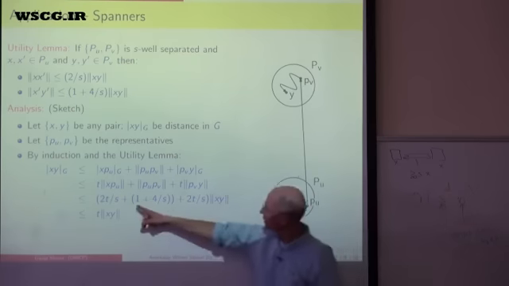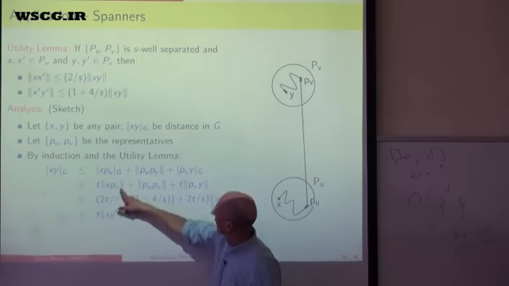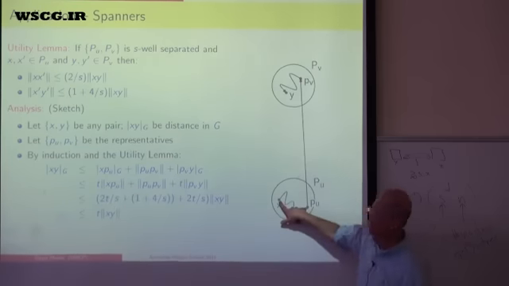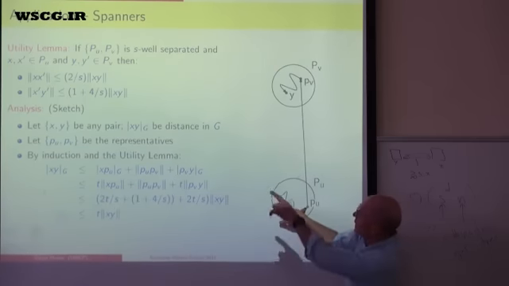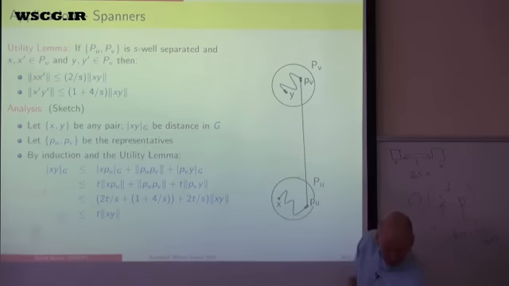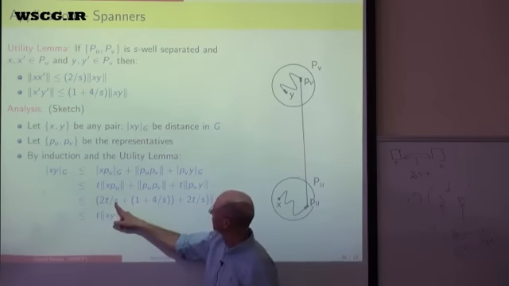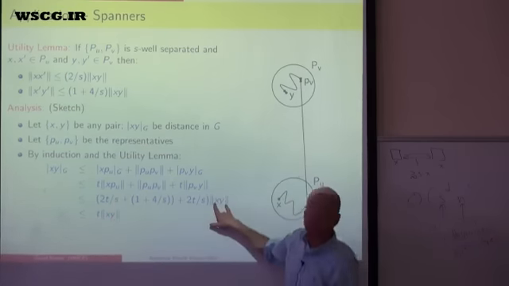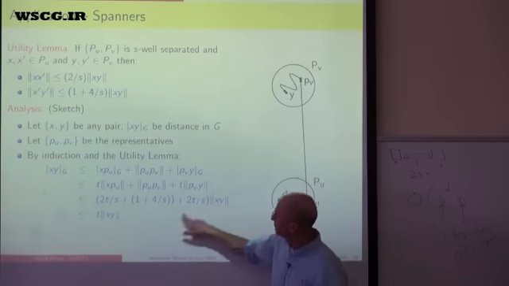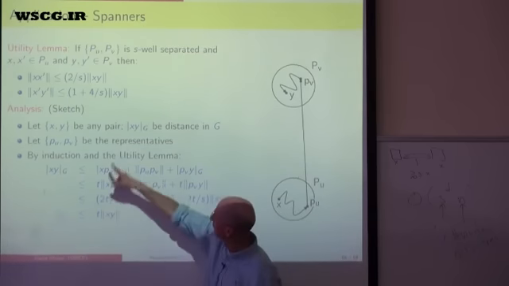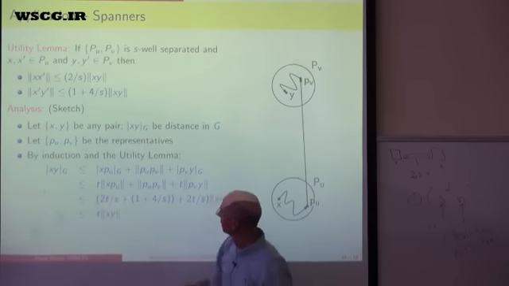Now let's do some simplification. x and pu are 2 points within the same head, so by the analysis, following the first rule up above, their distance is at most 2 over s times the distance between the pair of points in different heads. So this is 2 over s from the lemma, and the t comes down here.